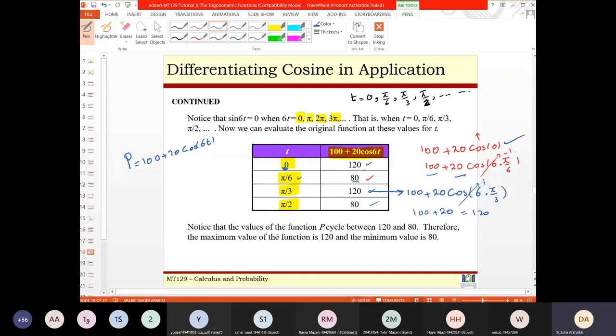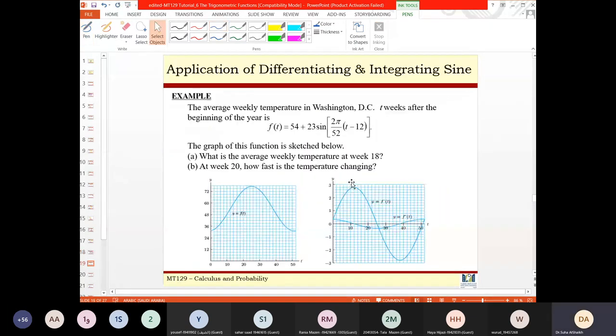Any question? Now in this question they are asking about the average weekly temperature. The word average, what does it mean?